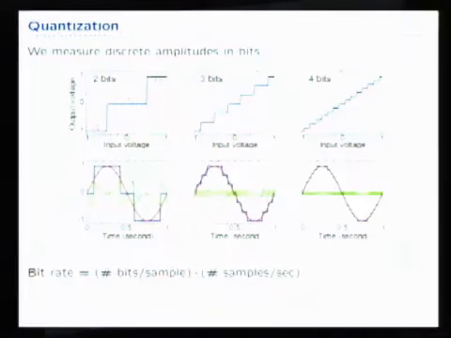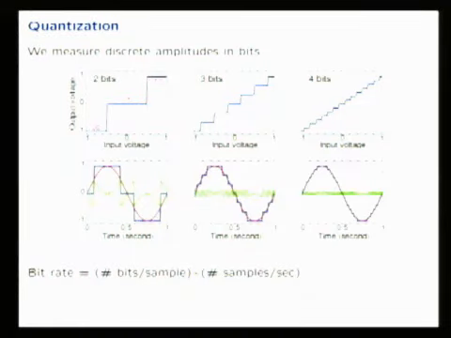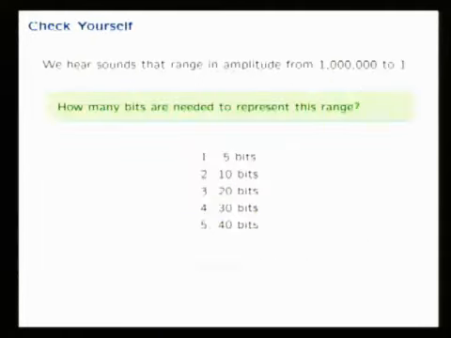So the key thing then is how many bits do you need for the thing that you're trying to represent. So I like hearing, right? I'll illustrate the number of bits by thinking about sound. You can hear sounds that range in amplitude over a range of about 1,000,000 to 1.